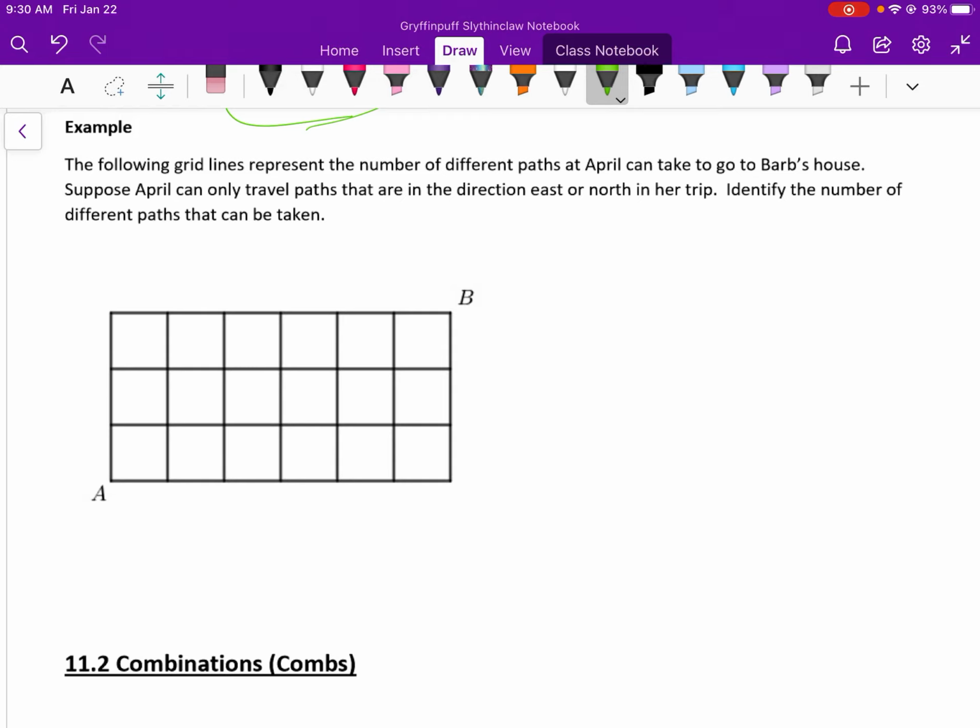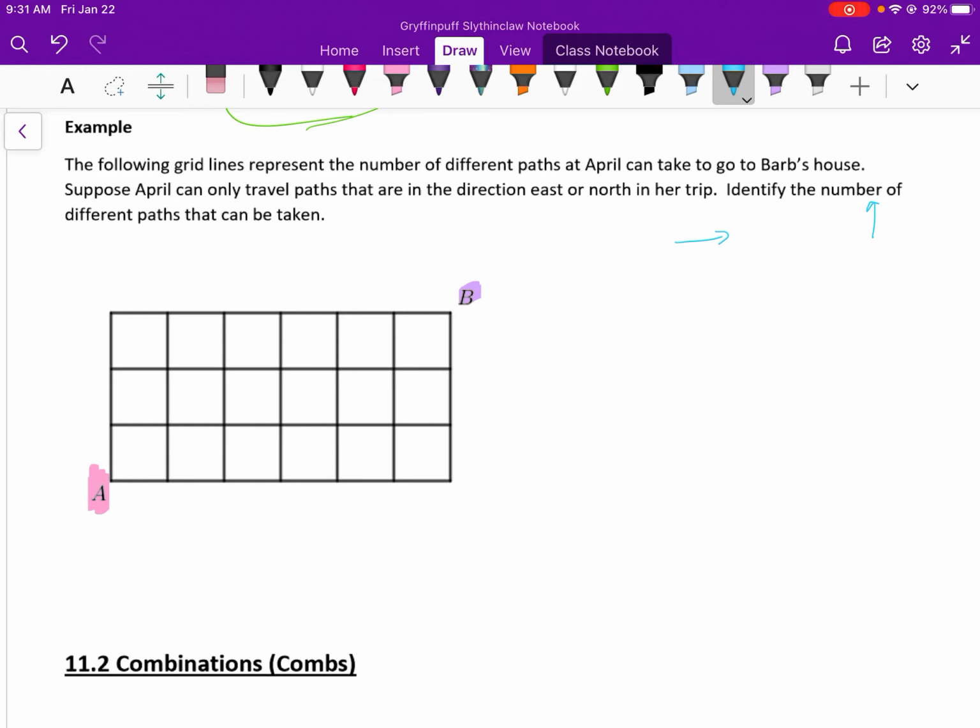So here, the following grid lines represent the number of paths that April, presumably A, can go to Barb's house. Suppose that April can only travel in paths that are in a direction of east or north. Identify the number of possible different paths.